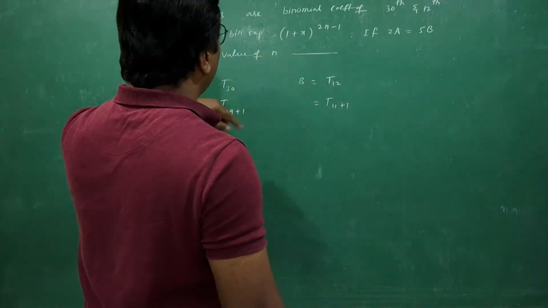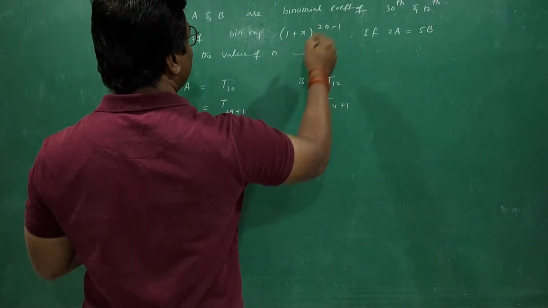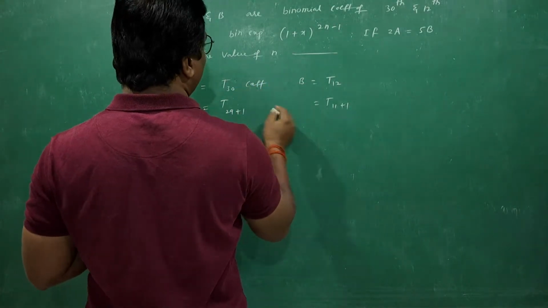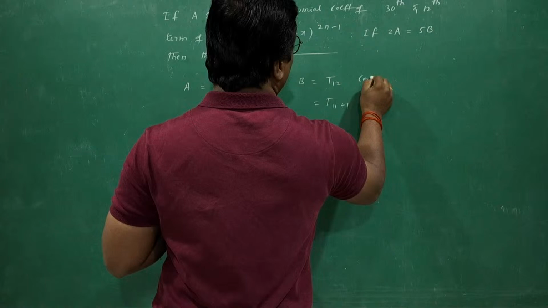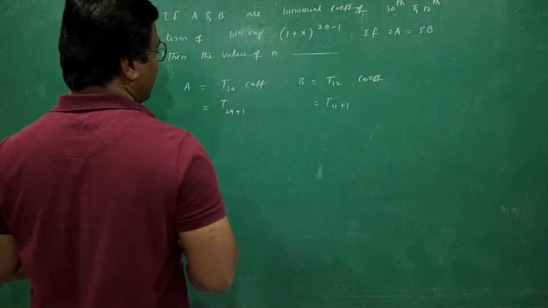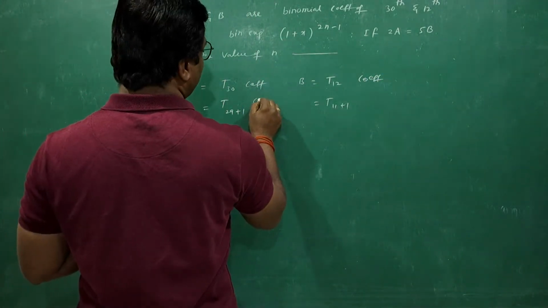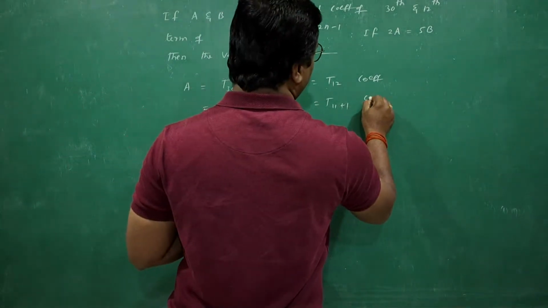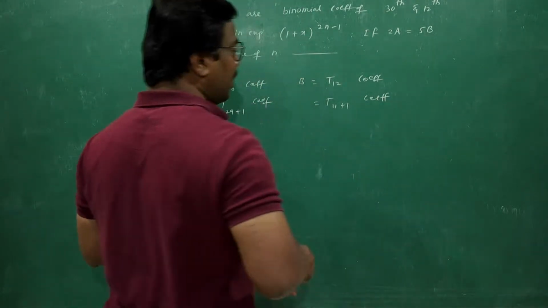They are not terms, they are coefficients, right? Coefficient of T30, here also coefficient of T12. So coefficient of T29 plus 1, and here you need to write coefficient of T11 plus 1.